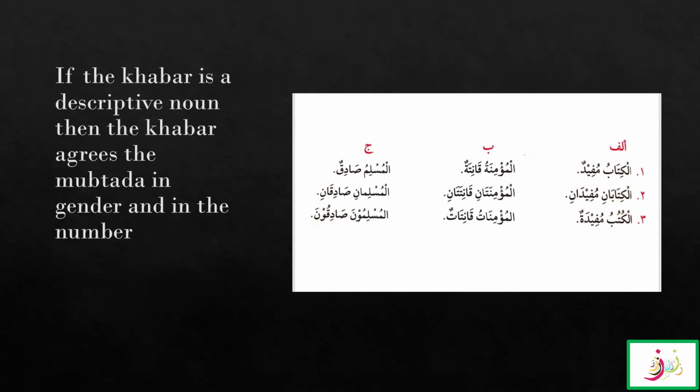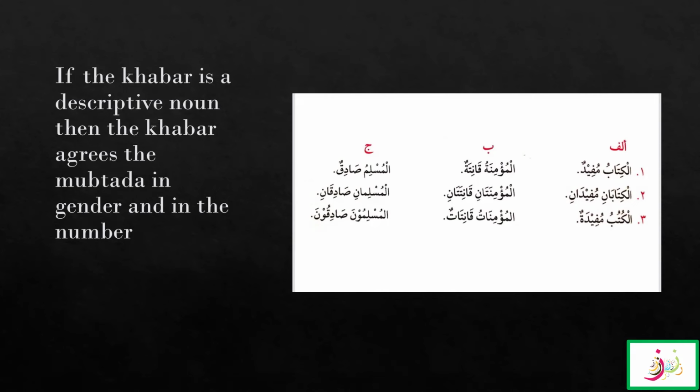This ani ending will tell us that they both are musanna. Al-Mu'minatani, Qanitatani, here again, ani sound, and here mubtada and khabar both agree in gender and in number. Al-Muslimani, Sadiqani, here again, both are muzakkar and they agree in gender and number.